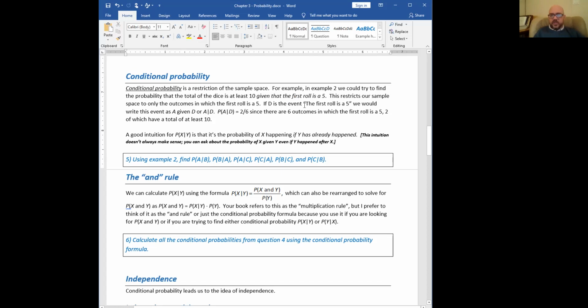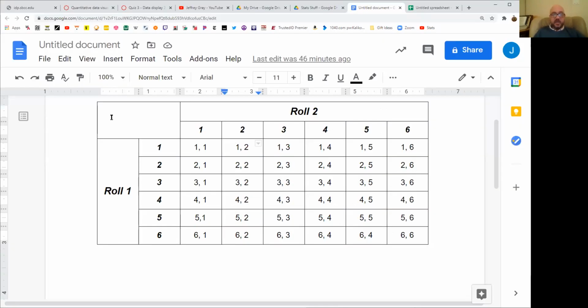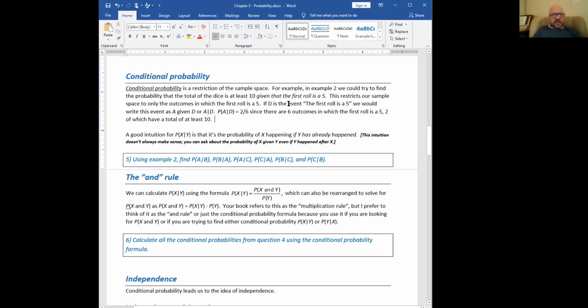I'm going to be referencing the same chart that I was using in the last video, with the events A, B, C, and D. So D is going to be the event that the first roll is a 5.